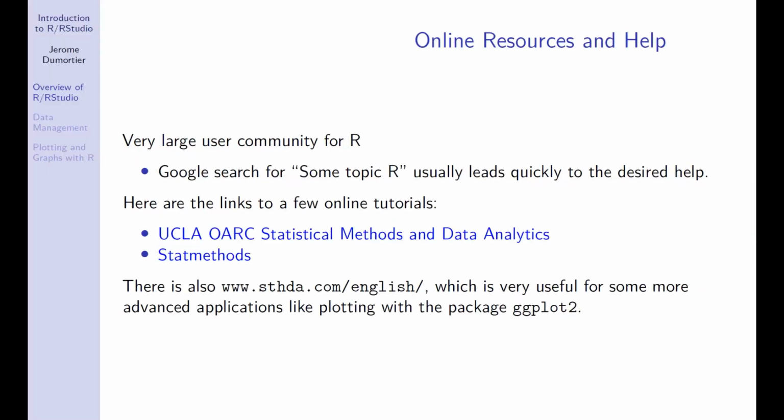So let us get back to the slides. Again, there are many online resources out there that help you with using the software and RStudio. There is not a single question that I have not been able to find an answer to online.